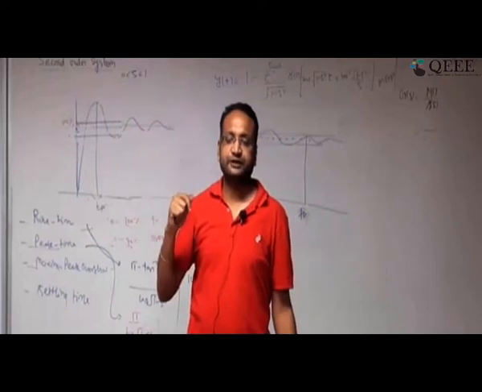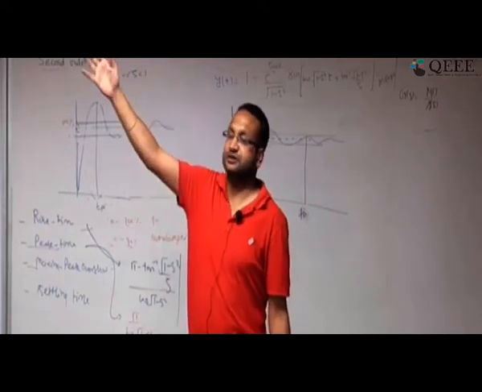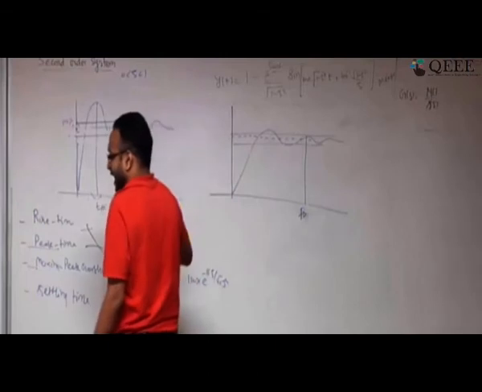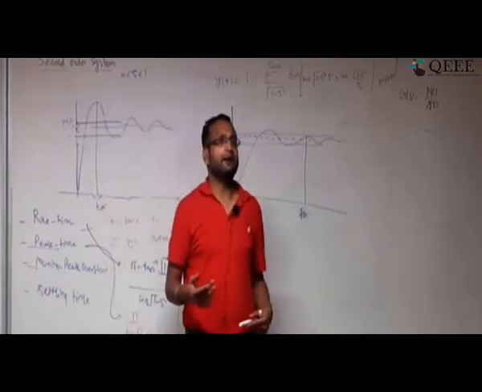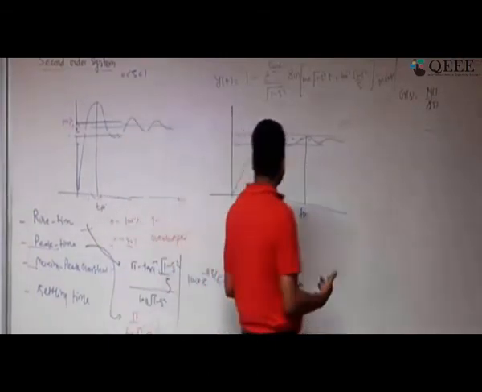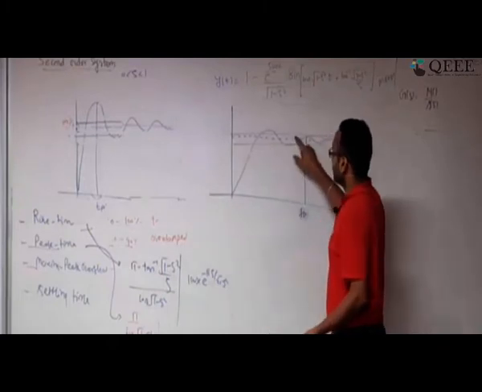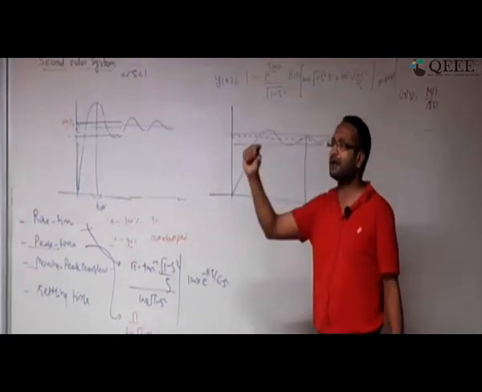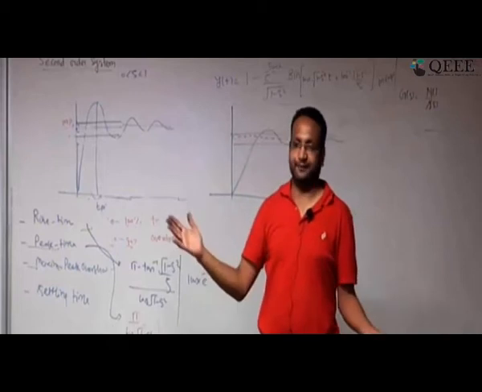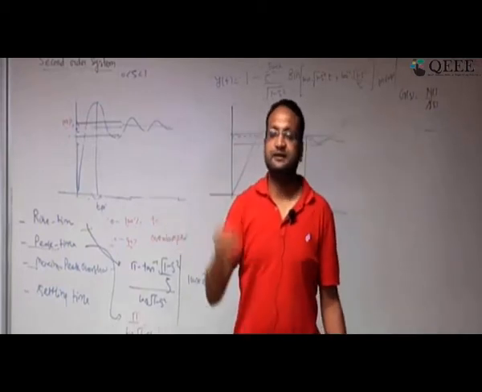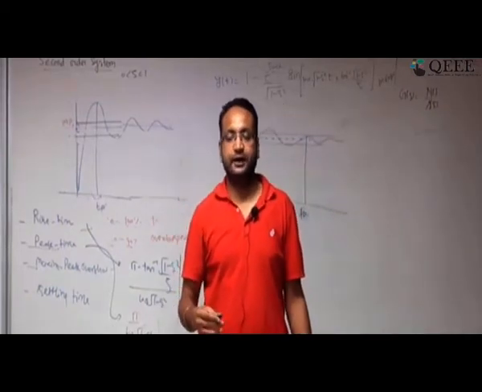I am not so much interested in what happens at a very long time. As long as my response reaches within some tolerance of the steady state value, I am happy. Say you want the steady state value to reach 1.